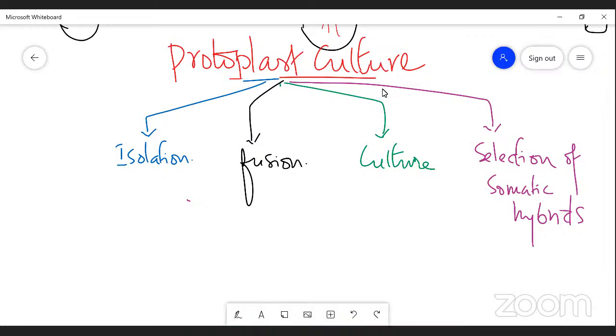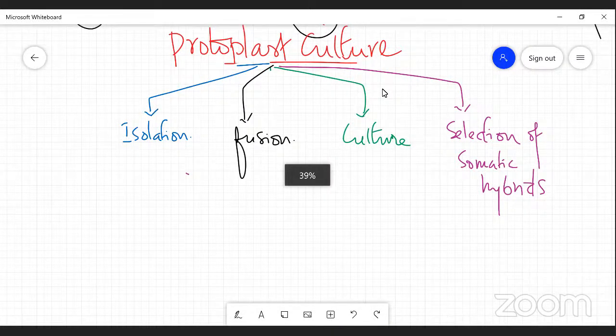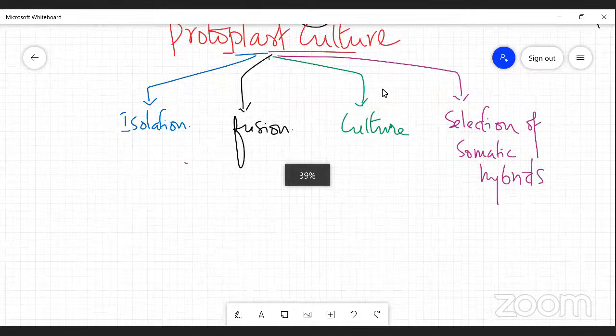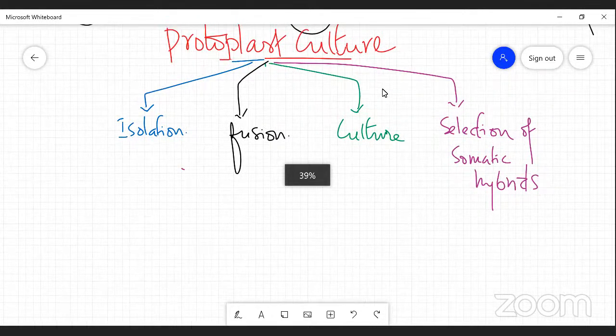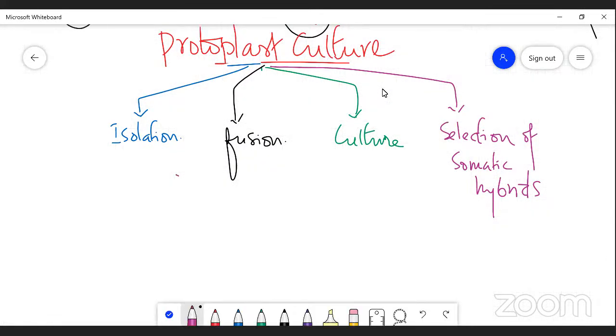Okay, let me take the first step. What is it? Isolation. Actually, what is isolation? Isolation is nothing but the protoplasts are isolated by using some chemical agents, right? So that is called isolation, in which some enzymes and some chemical agents are involved.